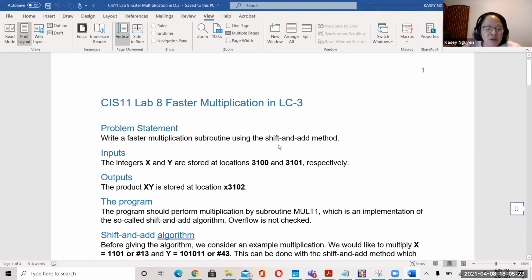Keep in mind that you will have to test your input just like what you've been doing. So you need to set the value at the location for your input, which is going to be 3100 and 3101. So before we run the program today, make sure that we go to that location and set your X and Y to a certain hexadecimal value.